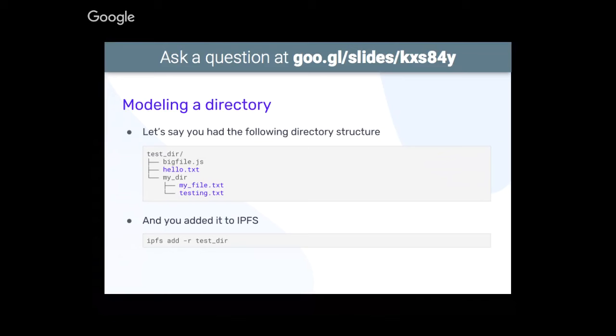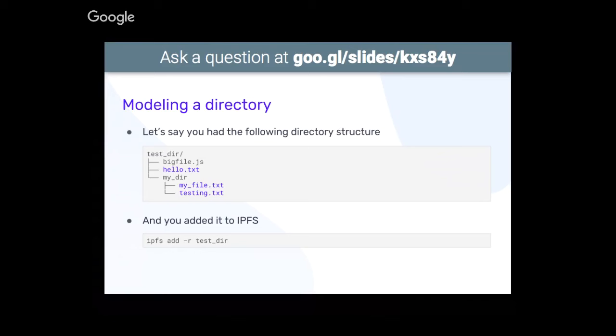So, for instance, let's say we had the directory structure shown here. It's amazingly easy to add this directory structure to IPFS. And we'll use this functionality later on to publish entire websites by simply doing a recursive add like we have at the bottom of the screen here.